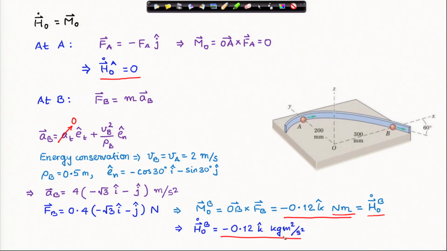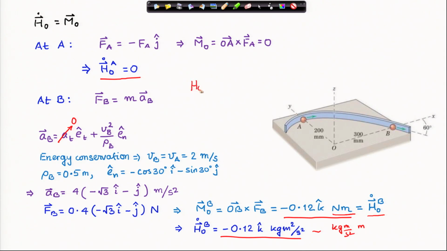Newton meter is kg meter per second square times meter, which is kg meter square per second square. Therefore, H O dot has the units of kg meter square per second square.